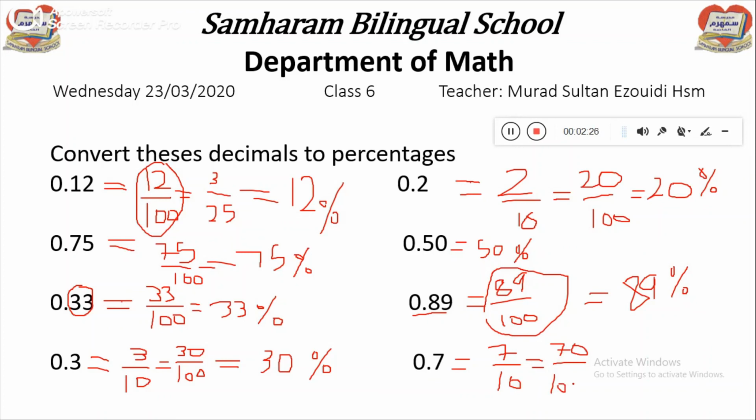So the last answer is 70 divided by 100. This is a fraction. I will convert to percentage. So it will be 70%.